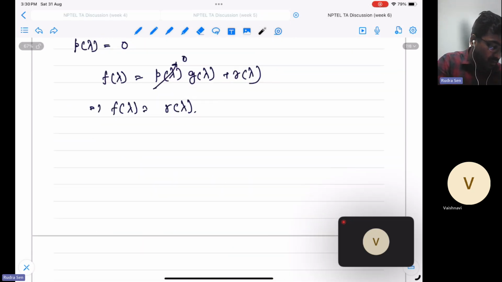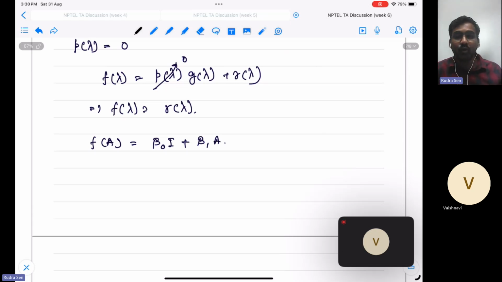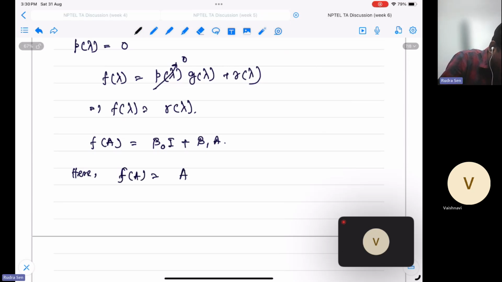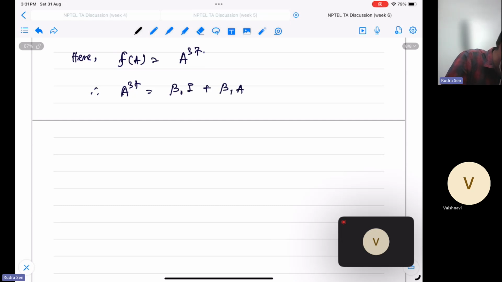So f of A equals beta naught I plus beta 1 A, but we don't know the values of beta naught and beta 1, so we need to find them. Here f of A is basically A to the power 37, so A to the power 37 equals beta naught I plus beta 1 A.